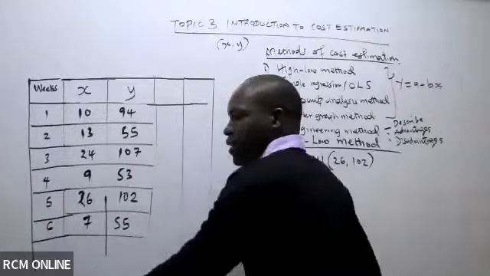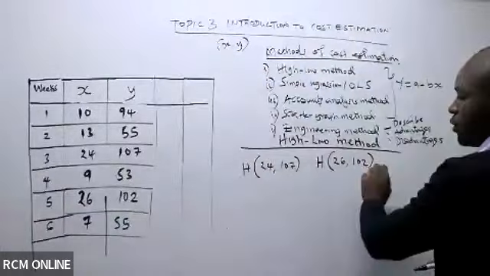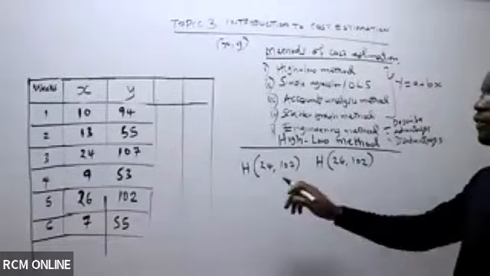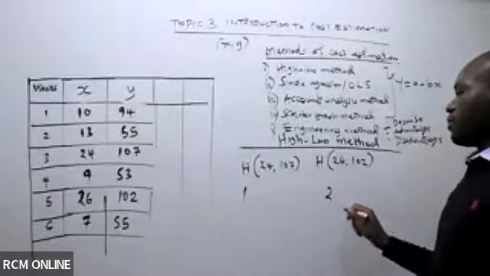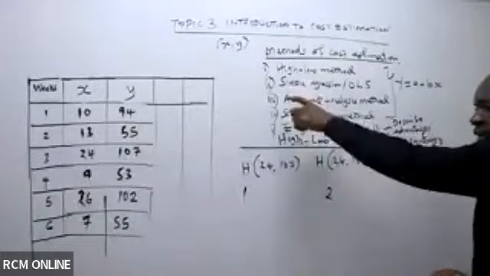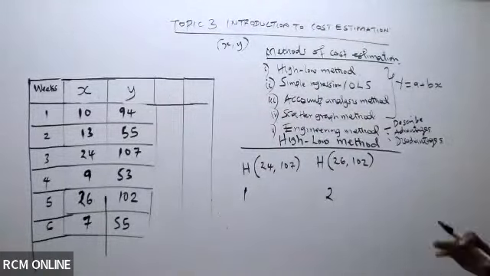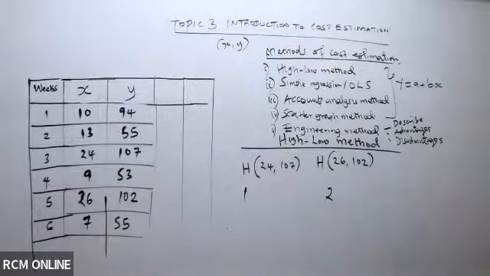So let's try and see who is right between these two people. Is it the first one or the second one, based on what we have just explained? Who is right? The second person. Why?